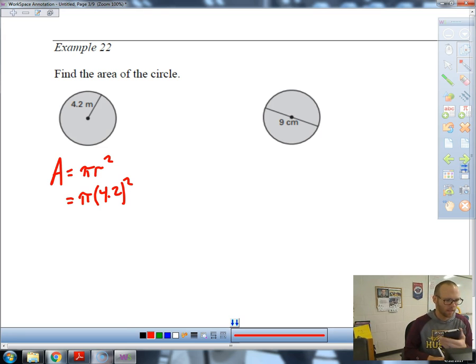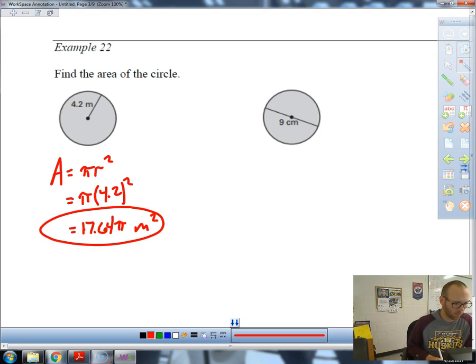We've got 17.64 pi as the exact area of that circle. Our units for that would be square meters. If I wanted to approximate this, I could type in 17.64 pi on my calculator. I'm not going to do that in this video.